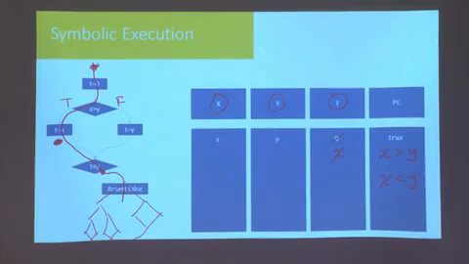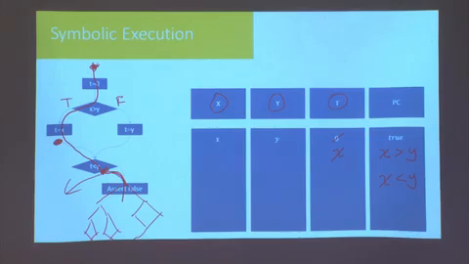The moment you get here, you know that this path is unsatisfiable, and you never go down this direction. You always go in the other direction. So pruning the paths early helps cut down a lot on the exponential blow-up, and exploring the paths intelligently helps a lot in preventing blow-up.